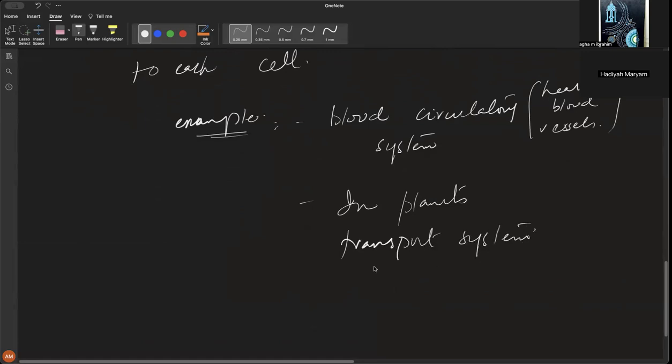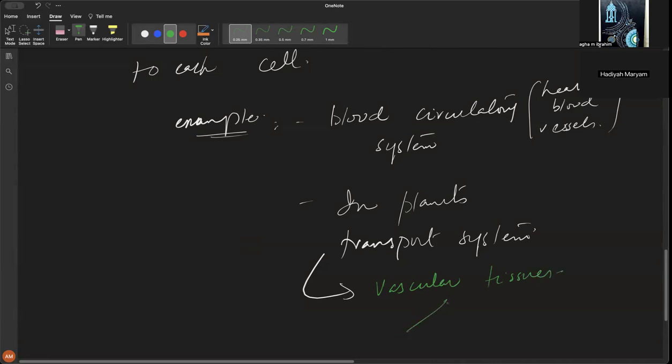This transport system is actually performed by vascular tissues. The components are the vascular tissues or the vascular system, right?